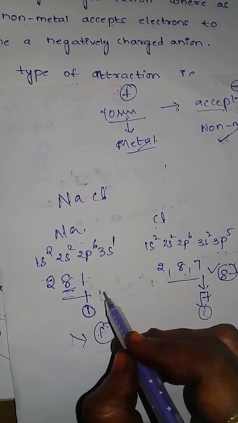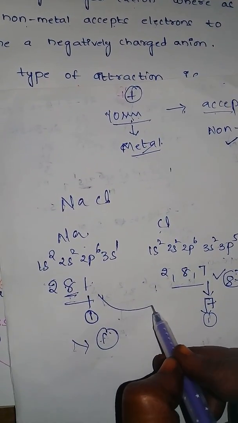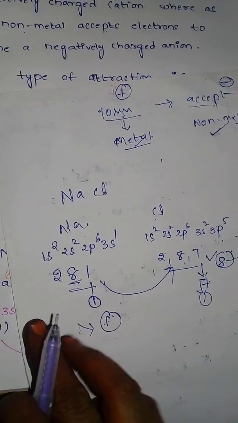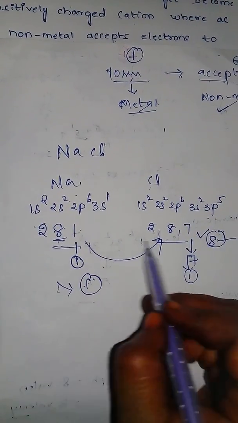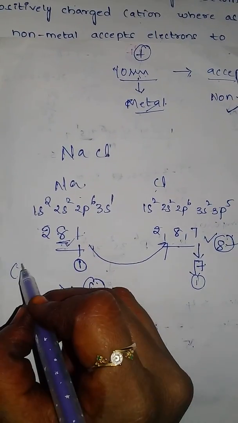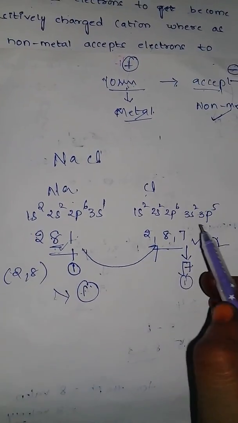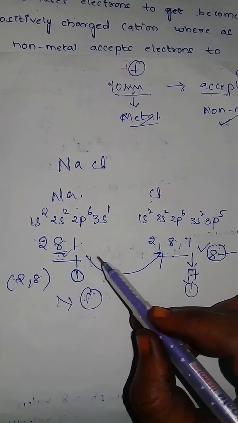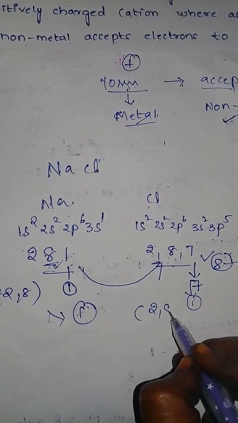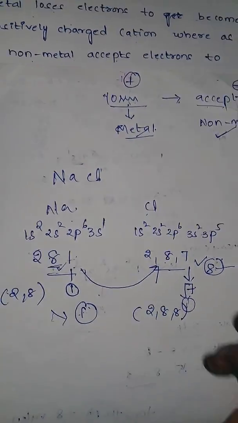So sodium gives 1 electron to the chlorine. After transfer of electrons from sodium to chlorine, sodium attains stable configuration 2, 8, and chlorine attains electronic configuration 2, 8, 8.